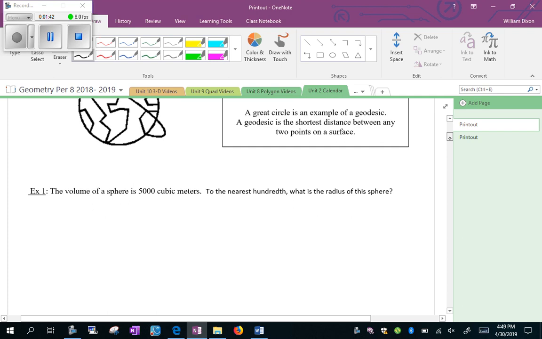Okay, let's look at example number one. It says the volume of the sphere is 5,000 cubic meters. To the nearest hundredth, what is the radius of this sphere? The formula is volume equals 4/3 pi r cubed.